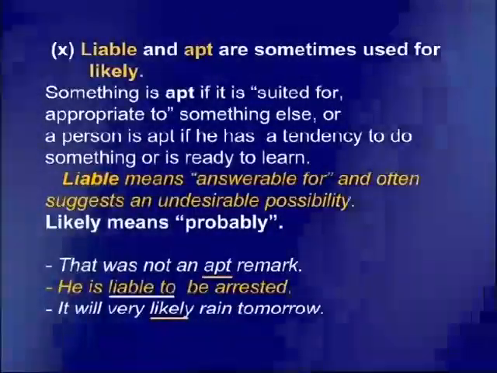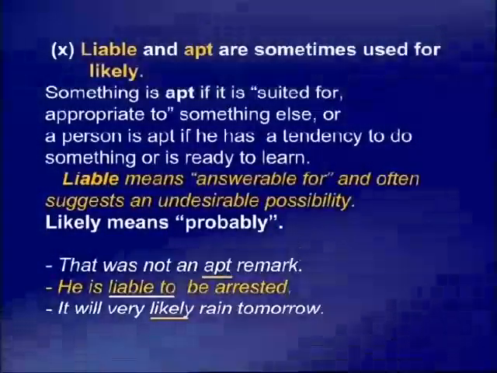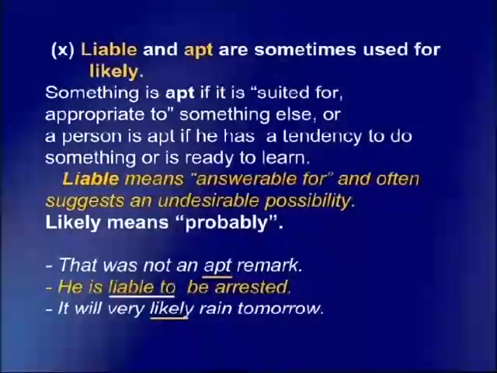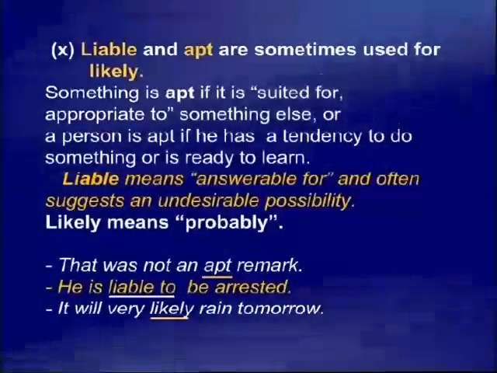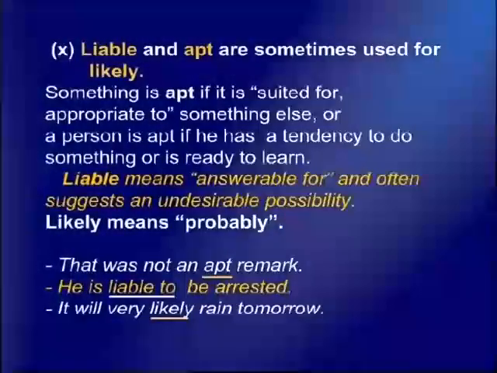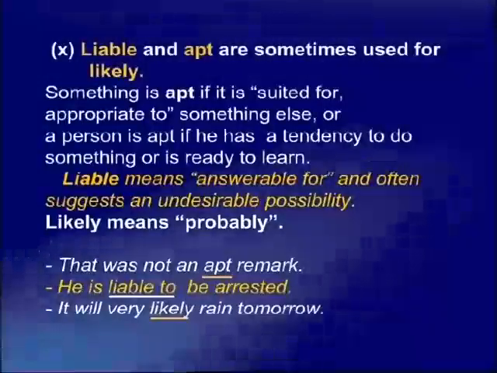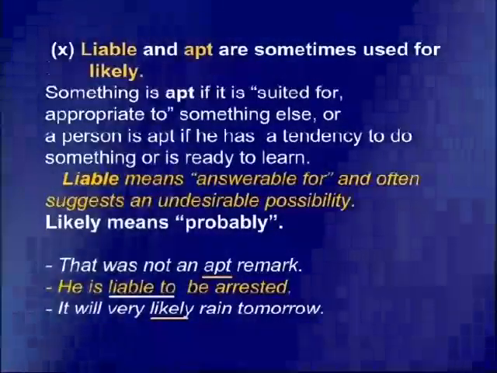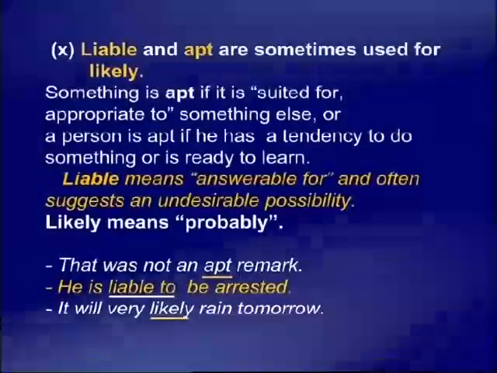Something is apt if it is suited for or appropriate to something else. A person is apt if he has a tendency to do something or is ready to learn. And liable means answerable for, and often suggests an undesirable possibility. Likely means probably.